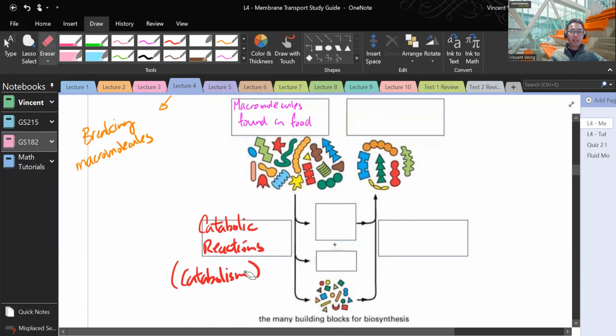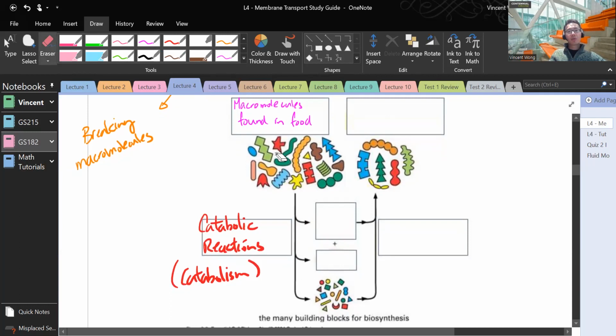And in doing so, we are going to be able to extract the energy from the food molecule, and we will capture that energy in the form of ATP. Okay, so ATP, for those of you who don't know, is the usable form of energy in the cell.